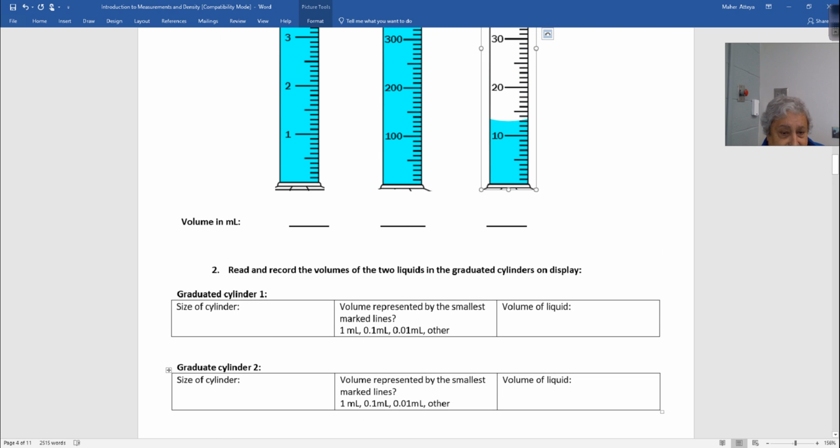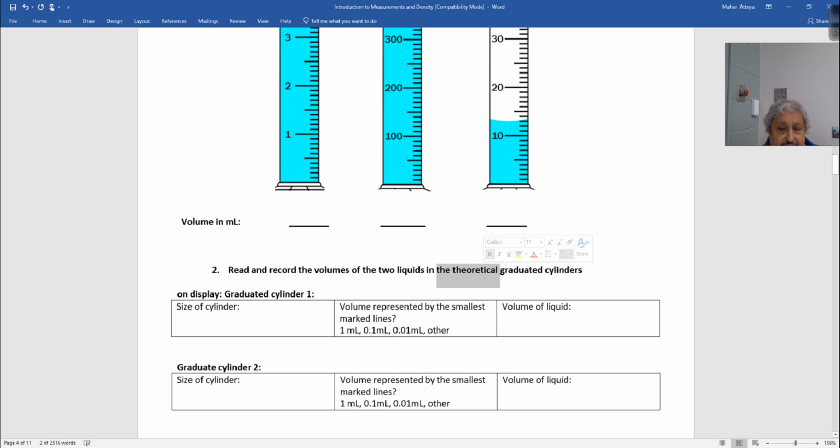I will add to this: read and record the volume of liquid in the theoretical graduated cylinder. So you can put this one here, guys. Highlight theoretical here.